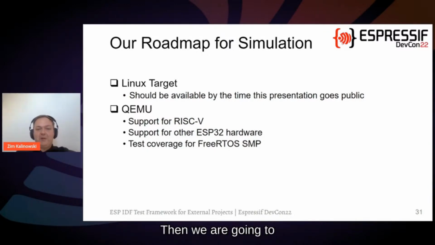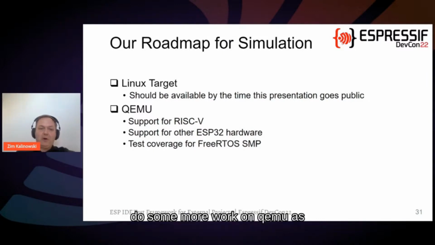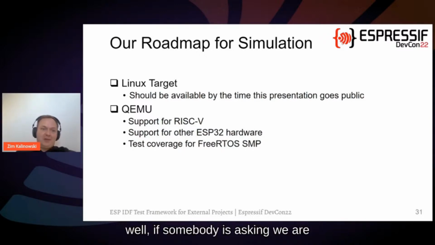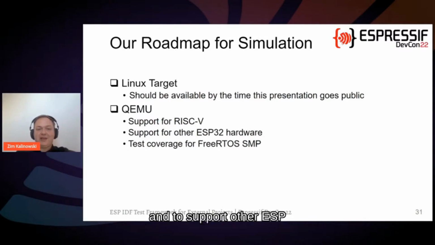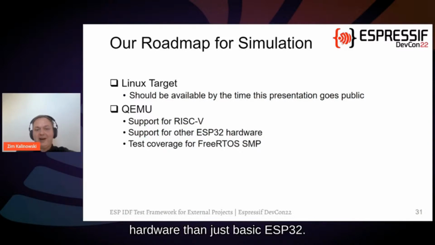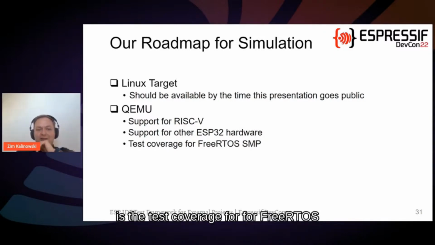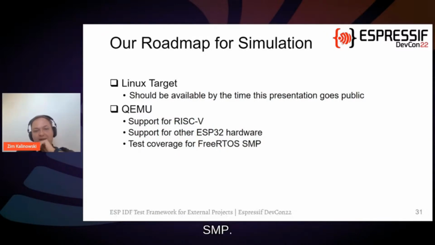Then we are going to do some more work on qemu as well. If somebody is asking, we are obviously going to add support for RISC-V and to support other ESP hardware than just basic ESP-32. And one of the things we are starting to work on is the test coverage for FreeRTOS SMP.